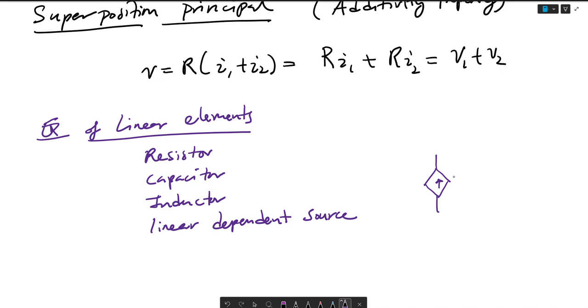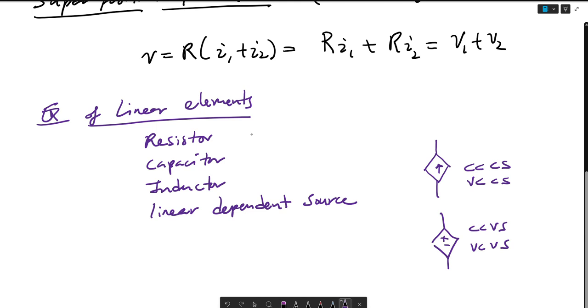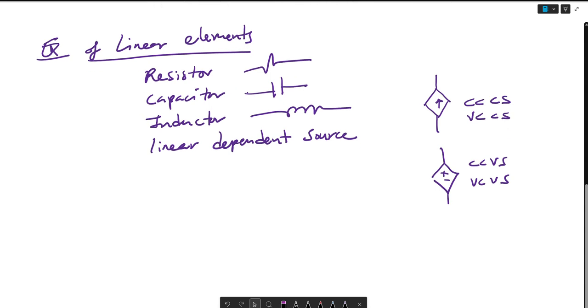This can be a current controlled voltage source, a current controlled current source, a voltage controlled current source, or a voltage controlled voltage source. So these are all linear elements, where this is a resistor, a capacitor looks like this, and an inductor looks like that.